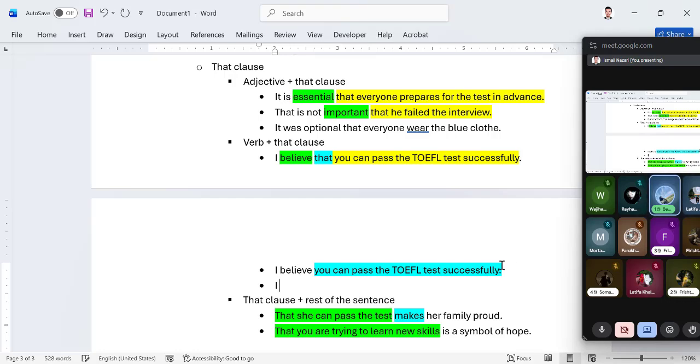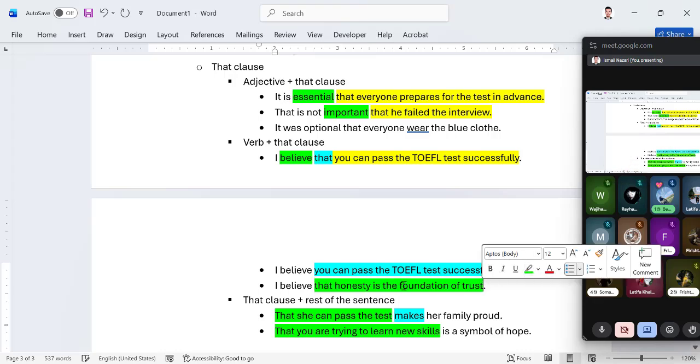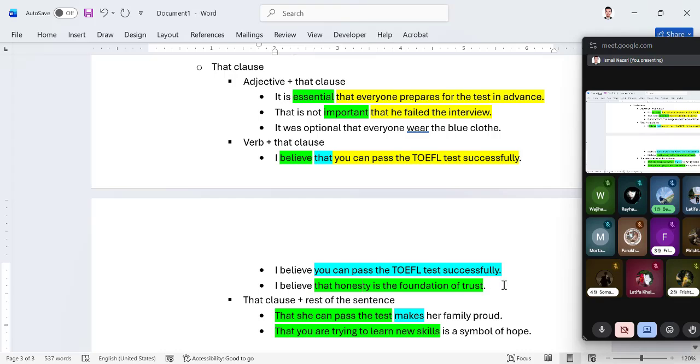I believe that honesty is the foundation of trust. Excellent. So here, the noun clause is that honesty is the foundation of trust. It is our noun clause, the object of the verb believe. Very good.